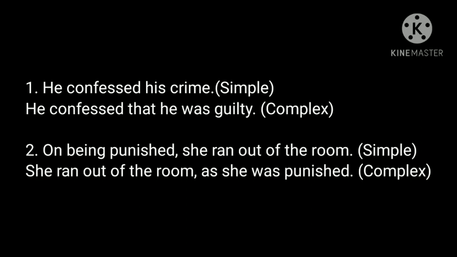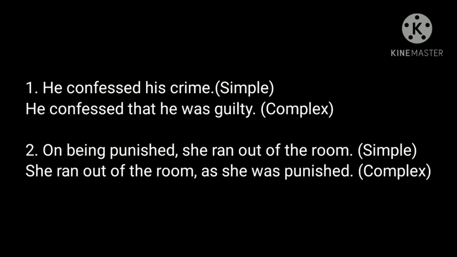"On being punished, she ran out of the room." So this is a simple sentence having an independent clause, "she ran out of the room." And here, to transform a simple sentence into a complex sentence, we have to expand the phrase "on being punished" into a subordinate clause having a subordinating conjunction.